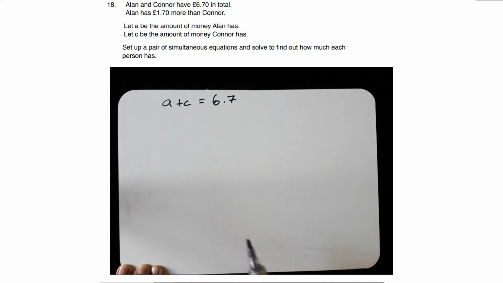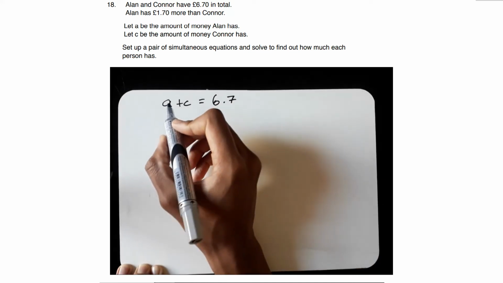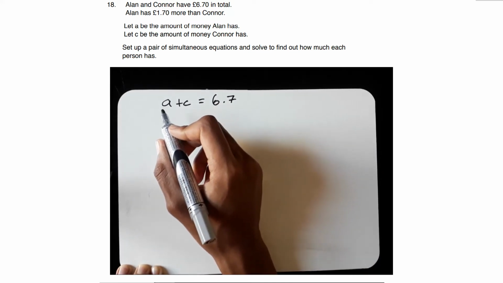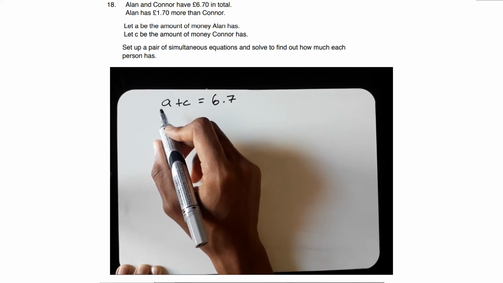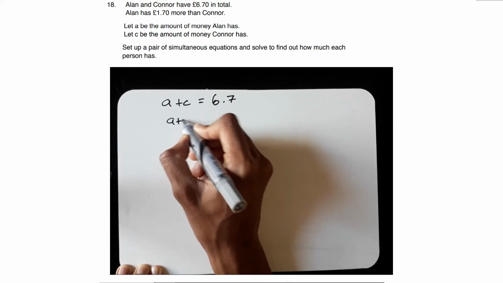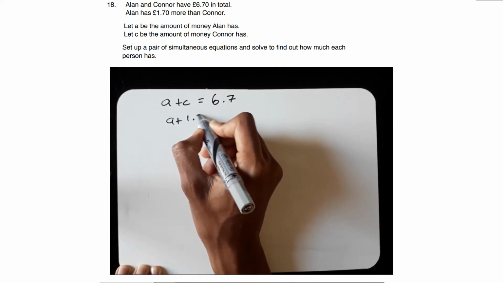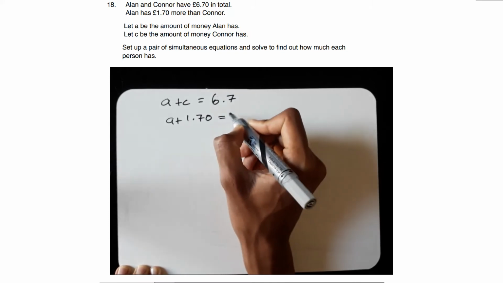The next equation will be that Ellen has 1 pound 70 pence more than Connor. So here's the next equation: A plus 1.70 will give you C.